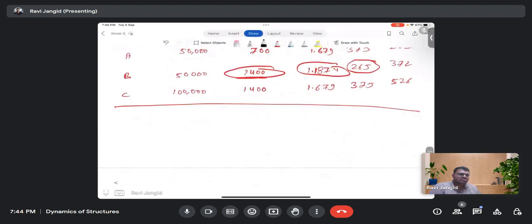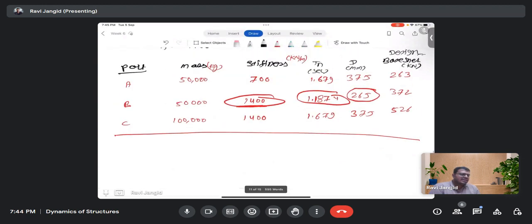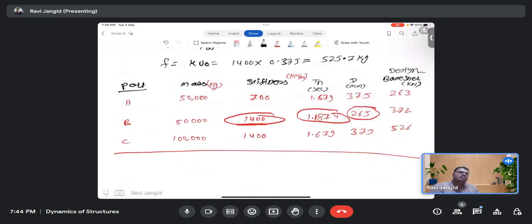If our mass is higher, then what happens to our acceleration? It would be lesser. And if mass is lesser, then acceleration would be higher.